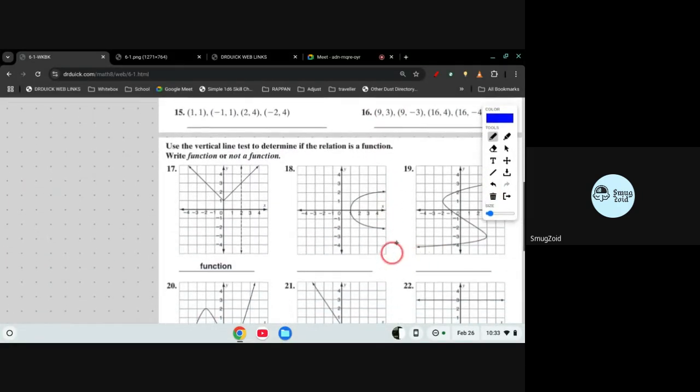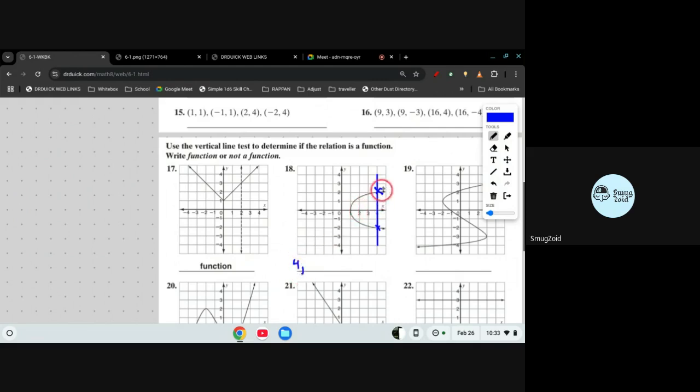In the graphing circle, it's called the vertical line test. It's so easy. You take a vertical line, they give you one right there, and you move it back and forth. Does it ever hit two points on the graph? No. If it doesn't, it's called a function. When you look at this guy, we got a problem here. I'm going to do this one for you, right? If I was to put the coordinates for this and the coordinates for this, it's 1, 2, 3, 4 is my x value.